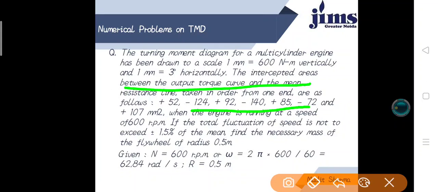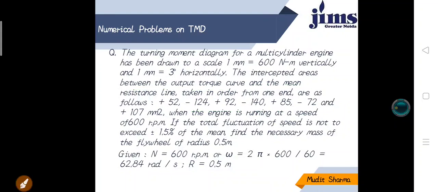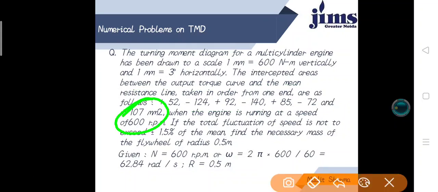The engine is running at a speed of 600 rpm, that is, capital N equals 600 rpm.